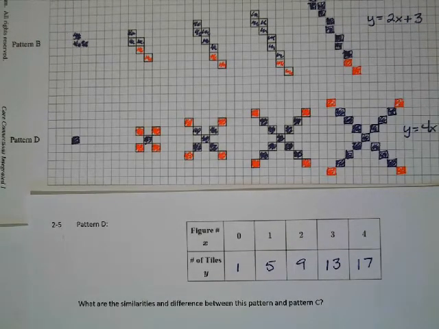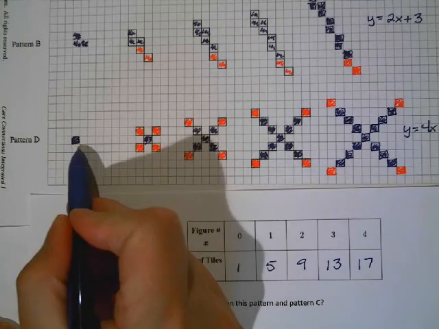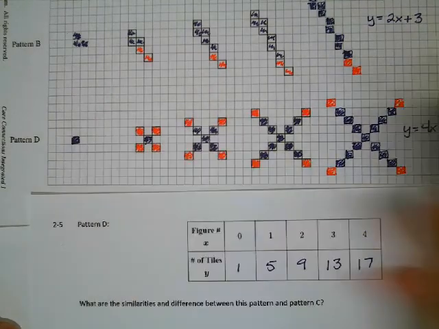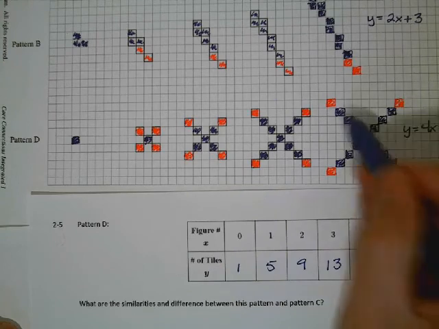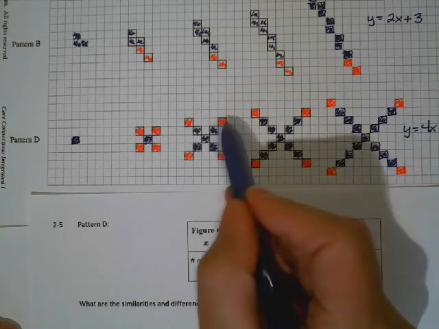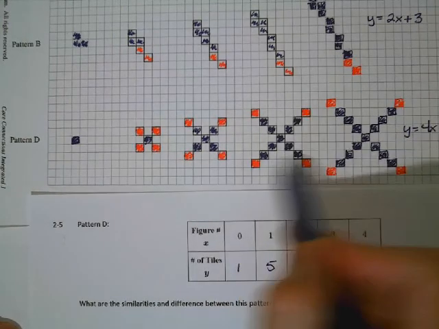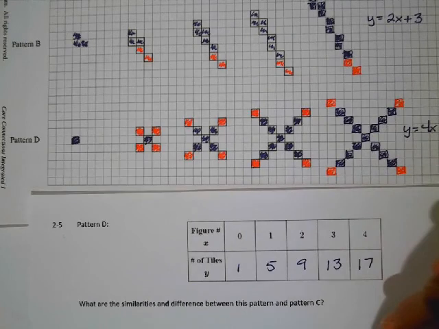All right, so here we have it done. You can see here that figure 0 just has a single tile, whereas this figure over here, we've got a total of, looks like 17 tiles. And you can see, the way that I've colored it, that the growth is at the end of each of these arms, or whatever you call them.